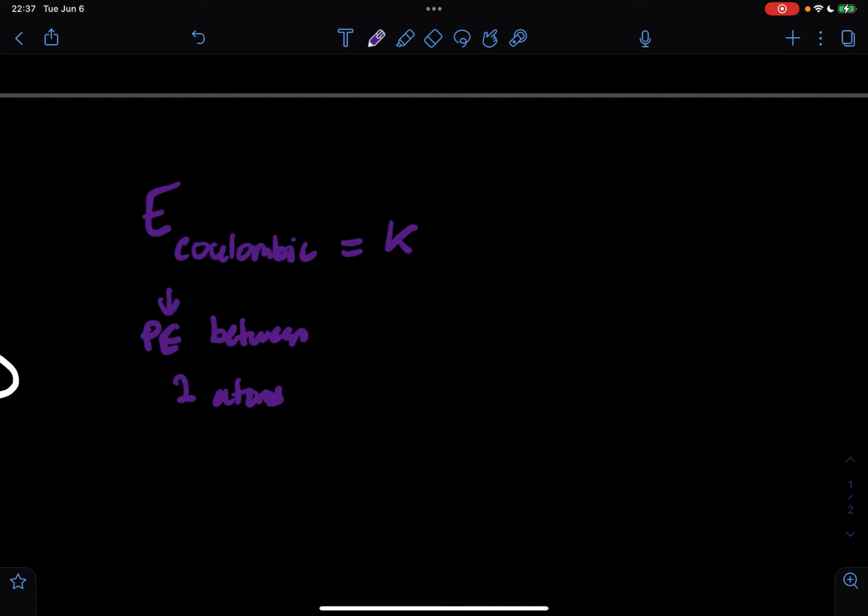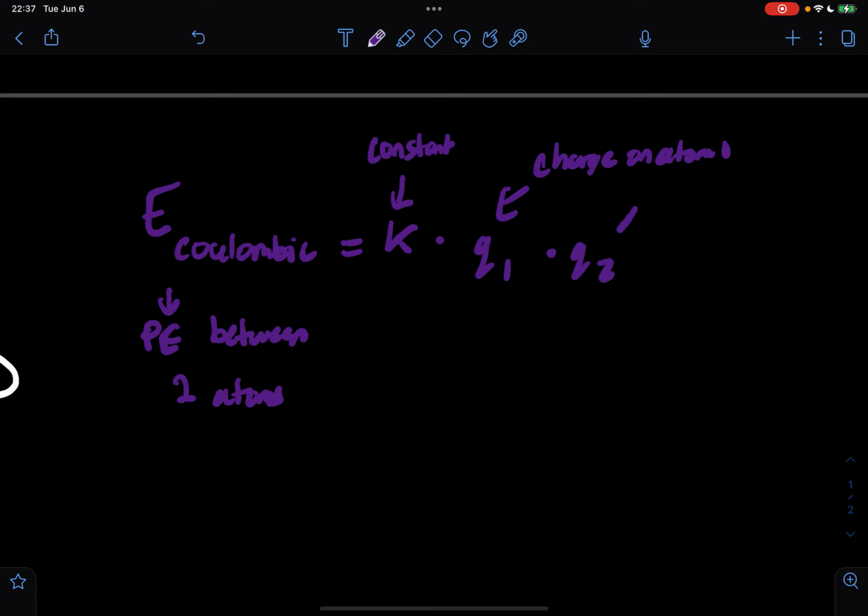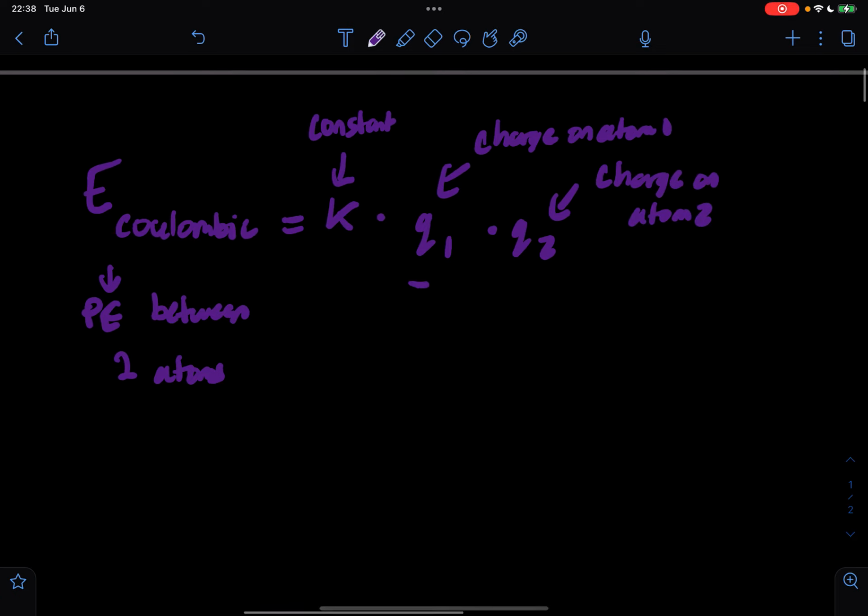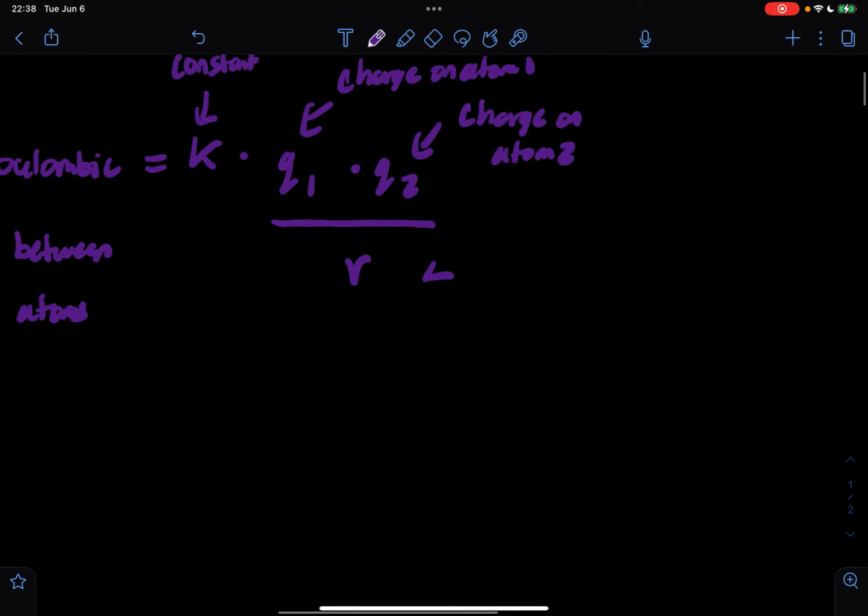And this is just a constant of proportionality, multiplied by Q1, which is the charge on atom 1, multiplied by Q2, which is the charge on atom 2, and this is all going to be divided by R, and R is the distance between the two particles.